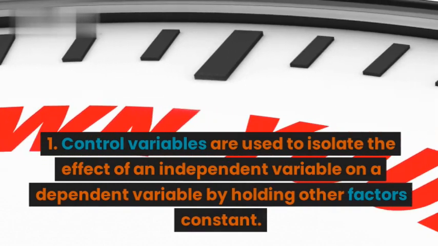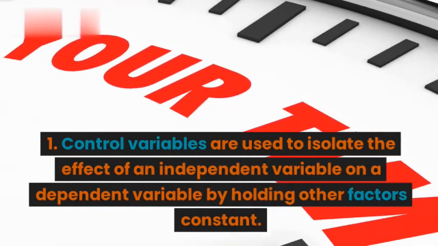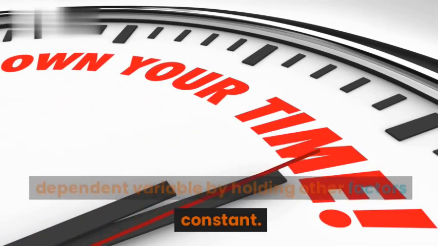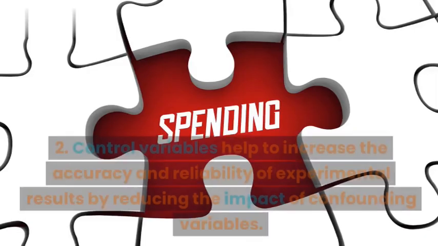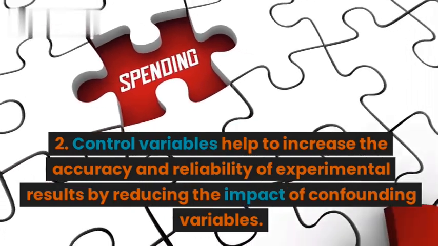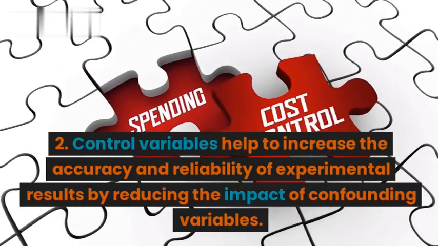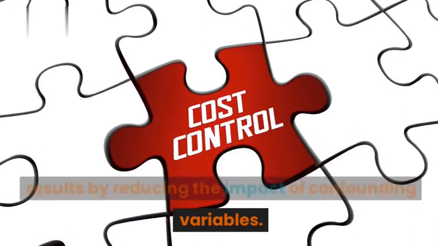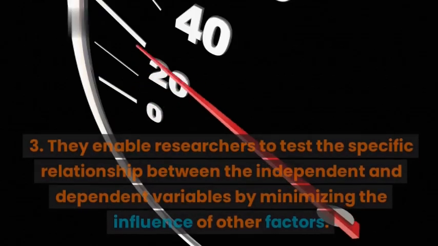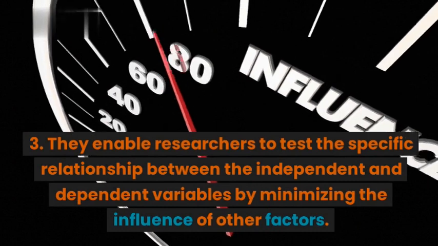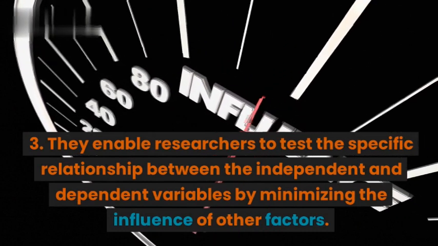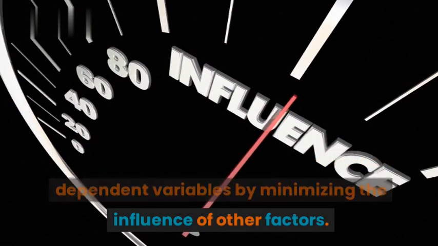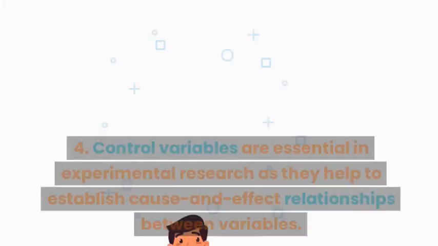Control variables are used to isolate the effect of an independent variable on a dependent variable by holding other factors constant. 2. Control variables help to increase the accuracy and reliability of experimental results by reducing the impact of confounding variables. 3. They enable researchers to test the specific relationship between the independent and dependent variables by minimizing the influence of other factors.